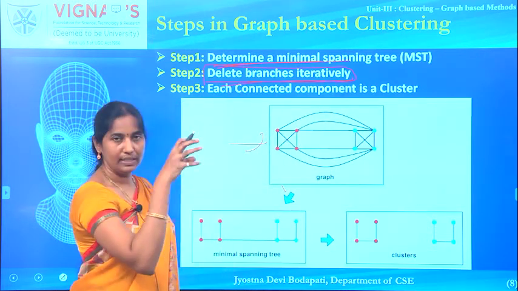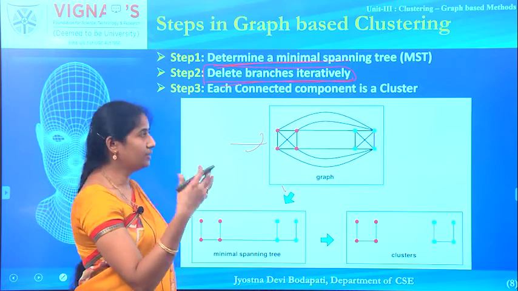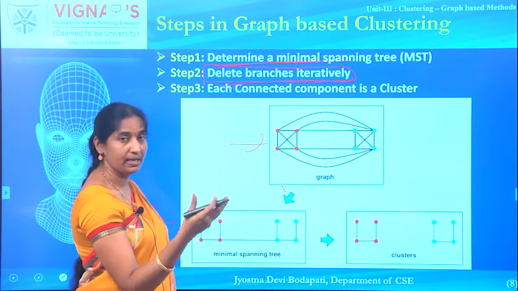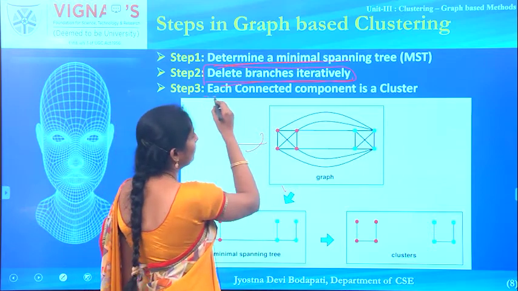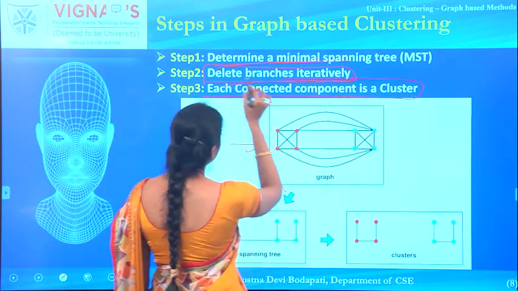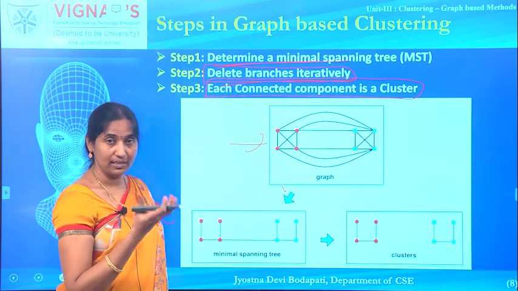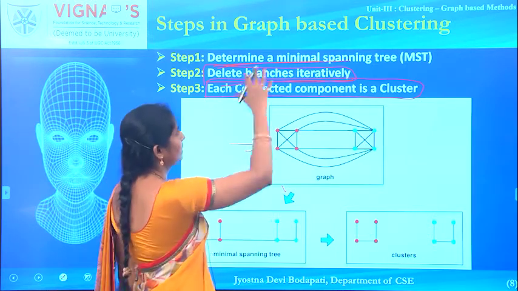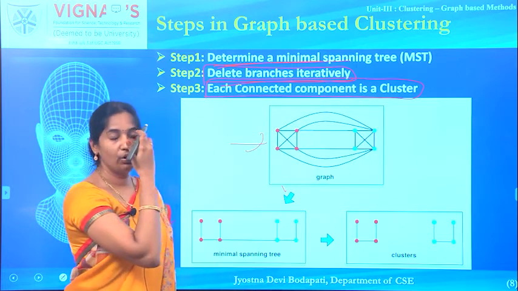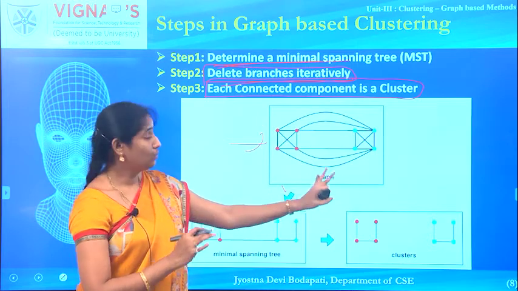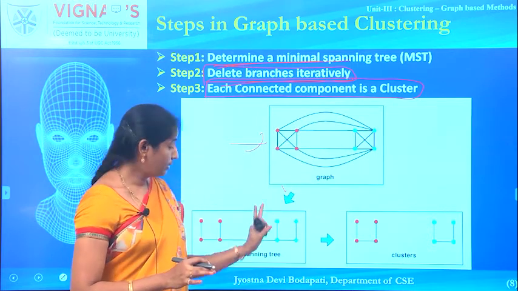Once the deletion of the branches is done iteratively, at some point you will stop based on the convergence criteria. Then in the remaining graph, each connected component will form a different cluster. So, basically these are the 3 steps that need to be followed. Once the graph is available to you, you need to design the minimal spanning tree.